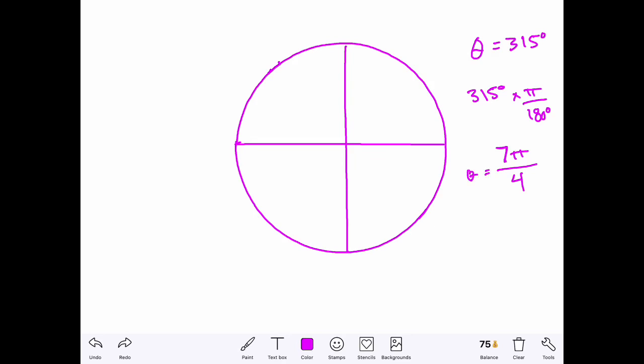Okay, so start with our initial side. And let's do theta. Pi halves, pi, 3 pi halves, and finally 7 pi fourths, which is the same again as 315 degrees.